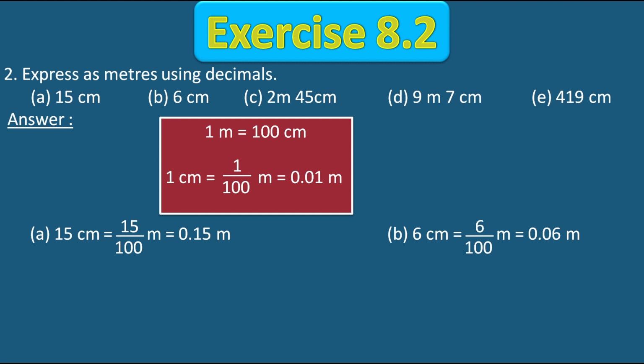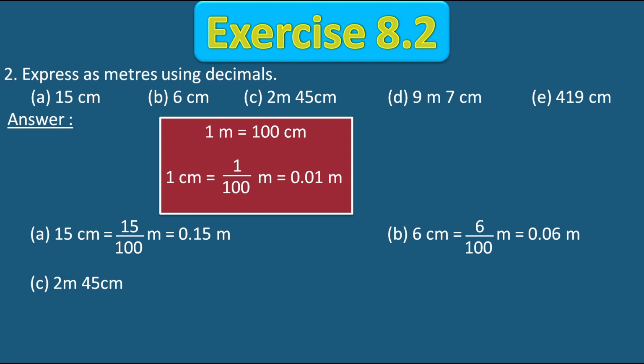Don't make the mistake of writing 0.6 meter. It will be wrong. As you have denominator 100, you have to write it in the 100th place. So 0.06 meter. Now we have the next one, that is 2 meter 45 centimeter. Now they have given 2 meter also.